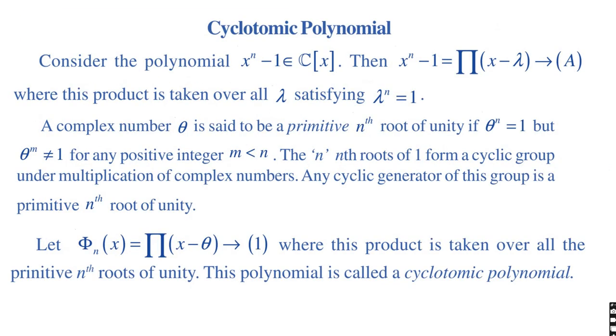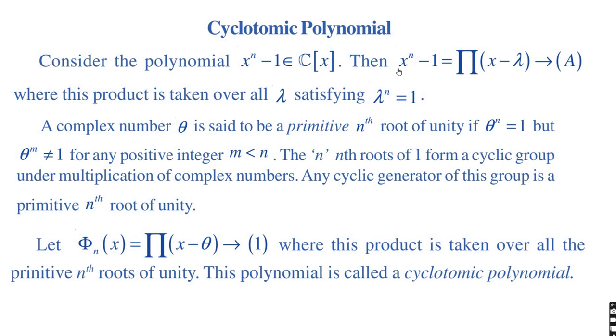Now we will have the definition of cyclotomic polynomial. For that we consider the polynomial x power n minus 1 over the field of complex numbers. Now the nth roots of 1, if we name them as 1, lambda, lambda square and so on, lambda power n minus 1, then we can write this x power n minus 1 as... So actually here it is not directly lambda, lambda square that we have taken, but lambda 0, lambda 1, lambda 2, like that.